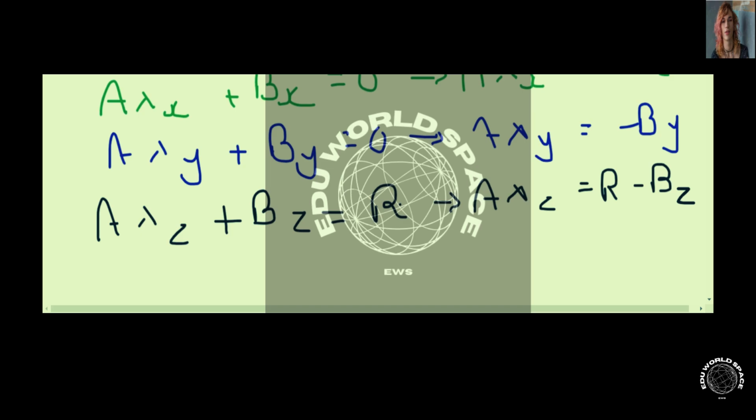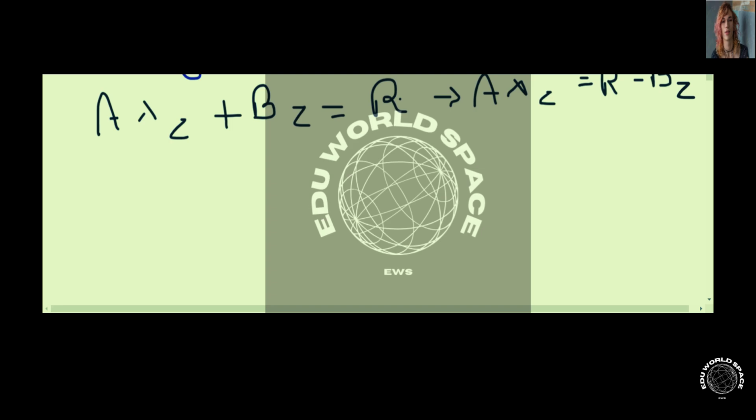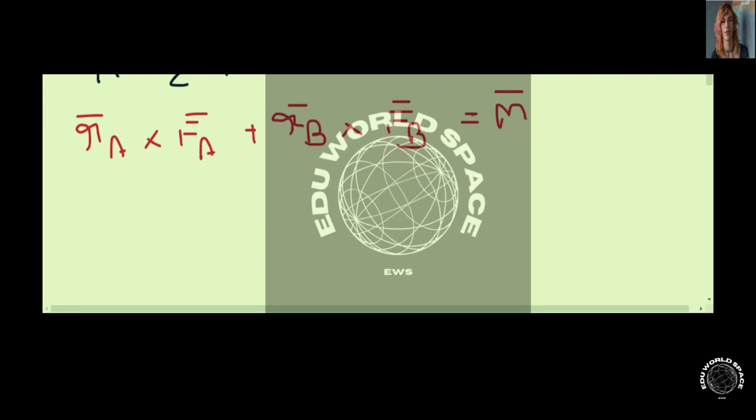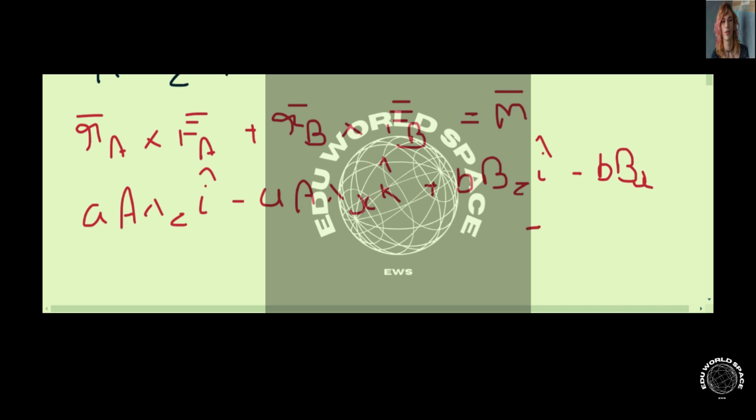We also know that they must produce the same couple. So, we can write RA cross FA plus RB cross FB is equal to M. Solution of these cross products gives us the answer: A a lambda z i minus A a lambda x k plus B bz i minus B bx k is equal to M k.